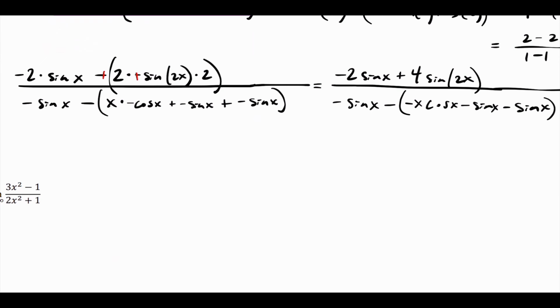Okay. You can distribute the negative here, so this will be positive, and then you're going to change these signs here. Since everything's negative, just change it. If you distribute the negative, it would make it positive.